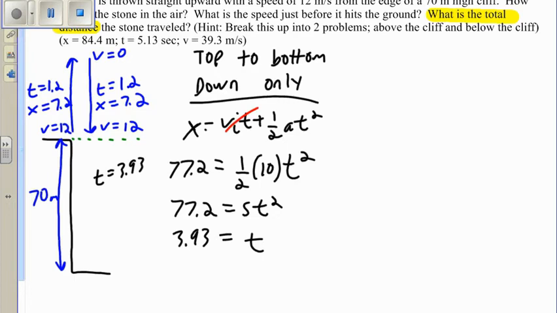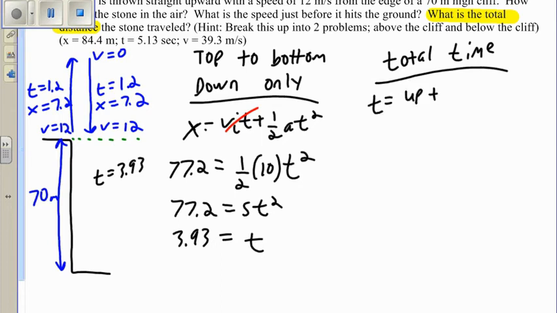All right. So because I know that, I can come over here and I could go, okay, well I know my total time now. My total time is going to be the time up plus my top to bottom.